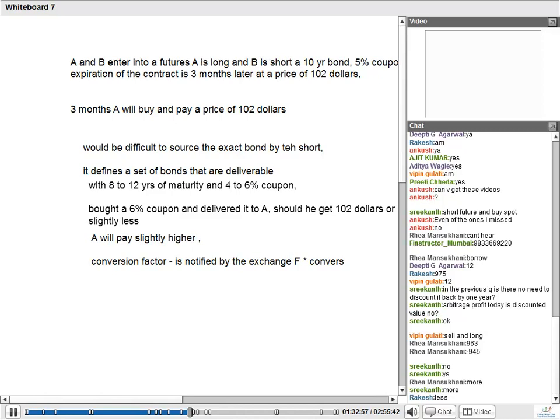If you were delivering the exact same bond, the long party would just have to pay F. But because you are delivering something slightly different, the long party will have to pay F times the conversion factor. Conversion factor can be greater than 1 or less than 1. This will be notified by the exchange. It is to do away with the problem that exact requirements of the bonds may not be met at any particular time.